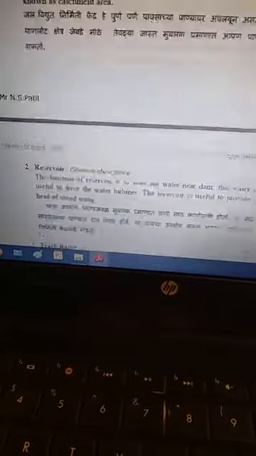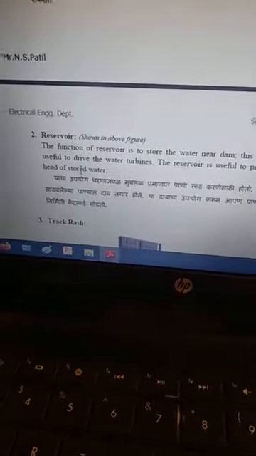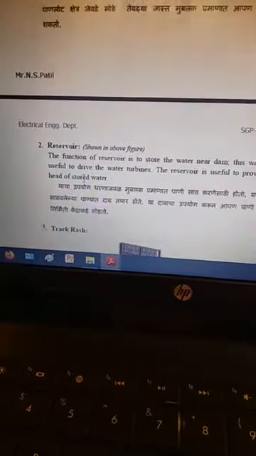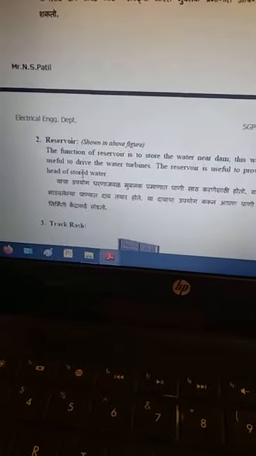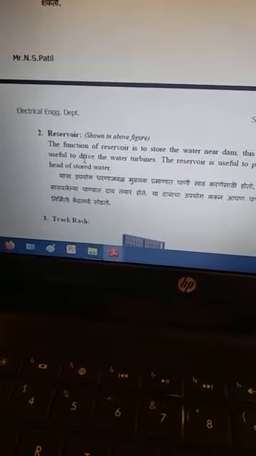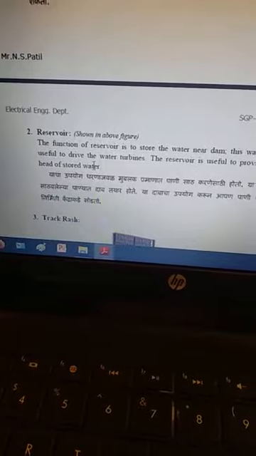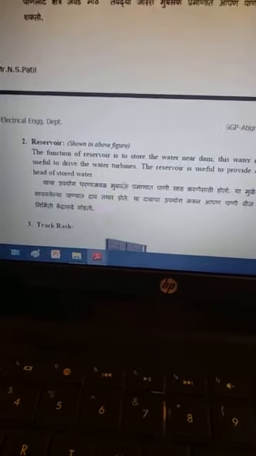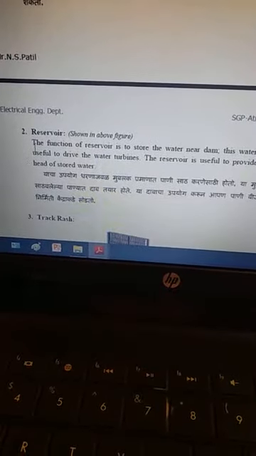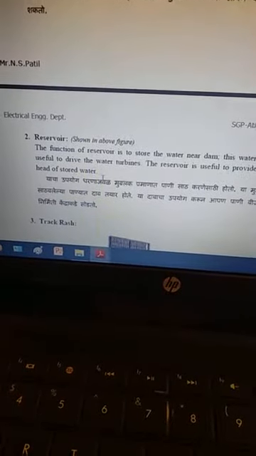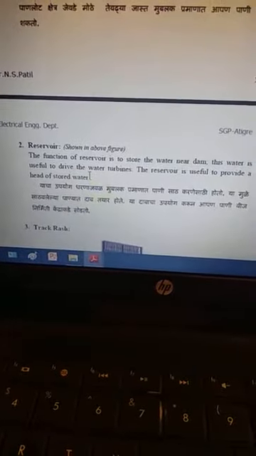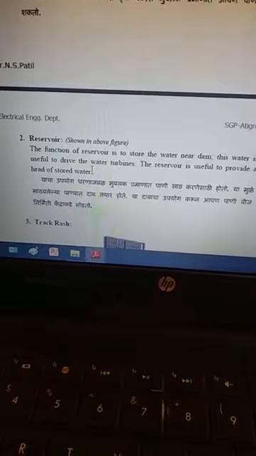The next is the reservoir. You know what the reservoir is; it is also a part of the hydroelectric power plant. It reserves or stores the water coming in the form of rain.